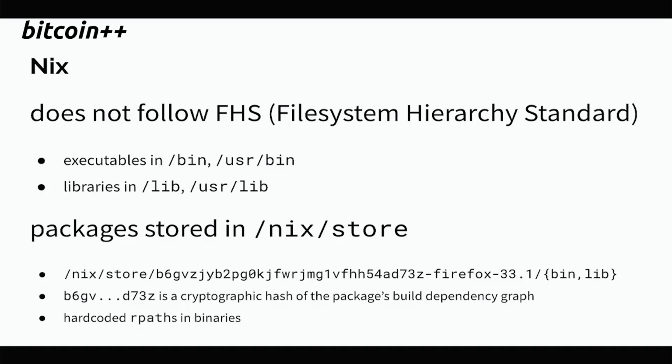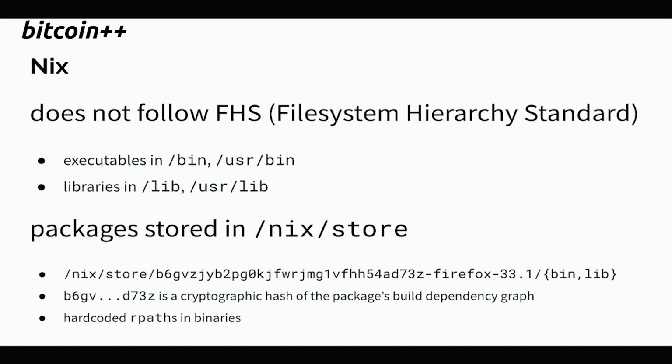Another thing is that Nix does not follow FHS, which is the Filesystem Hierarchy Standard, which says that executables should be put in /bin and /usr/bin and libraries in /lib and /usr/lib.